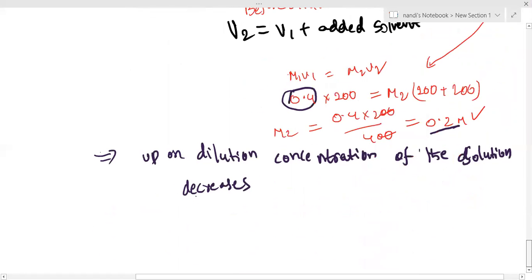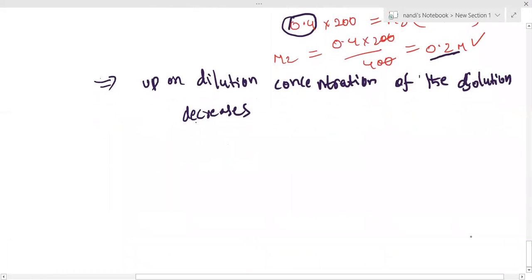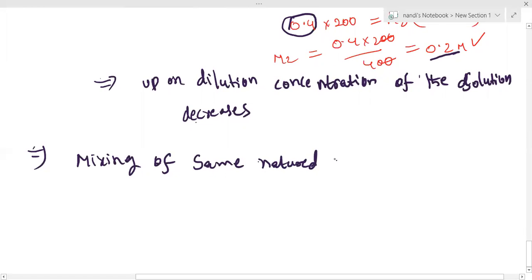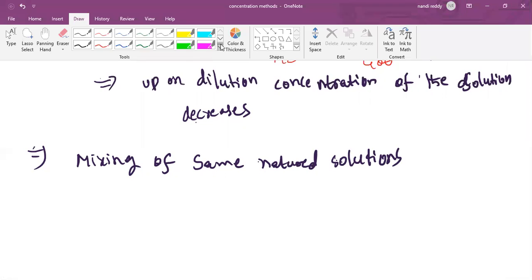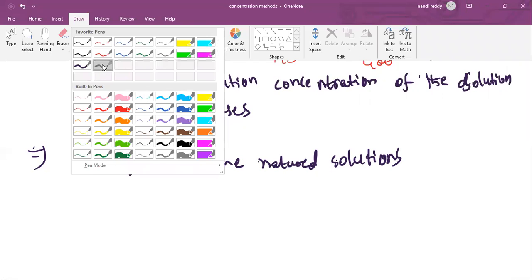Now we can see the same nature, we are mixing same natured solutions. Means either both are acids or both are bases that I'm going to mix here.